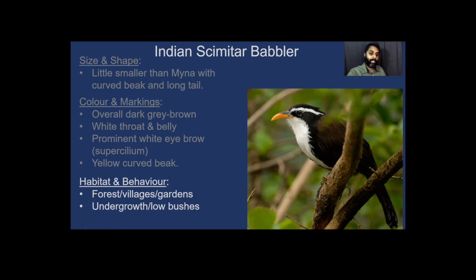It's only the undergrowth. And one of the behaviors is they're often calling, means you hear them more than seeing them. And also they're called skulkers because they go through leaf litter, moving around in the undergrowth looking for insects. This is what they feed on.